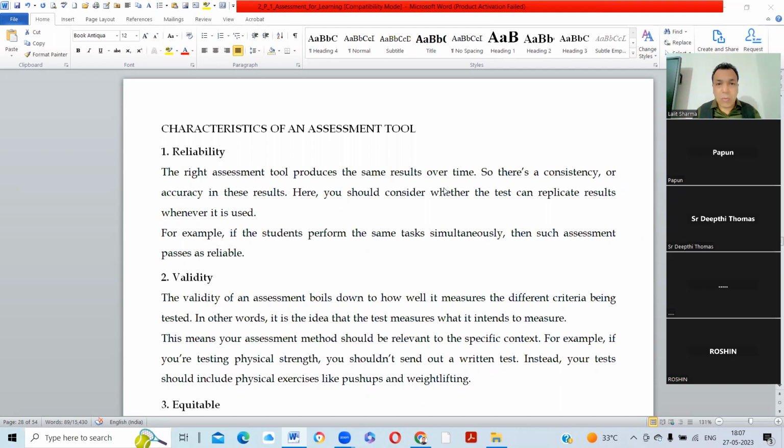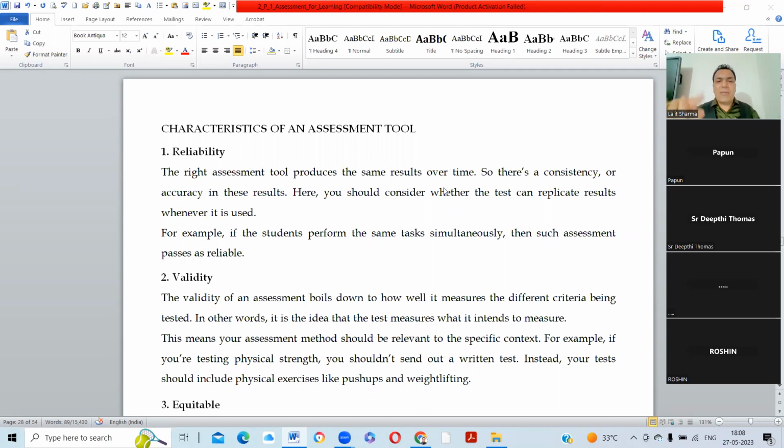The answer is, the watch is reliable. Why? Because, guys, every time the watch is giving 5 minutes late. Whether you see it in the morning, afternoon, tomorrow, or after 7 days, it is 5 minutes late. So it is reliable. Reliable means consistency. But the watch is not valid.